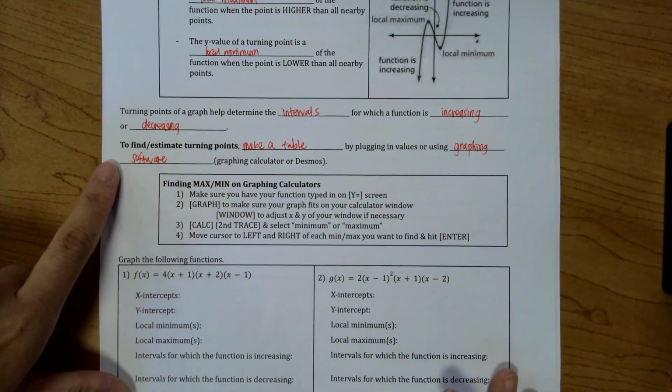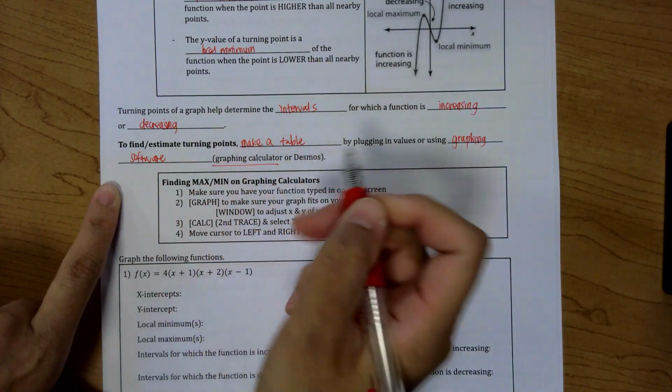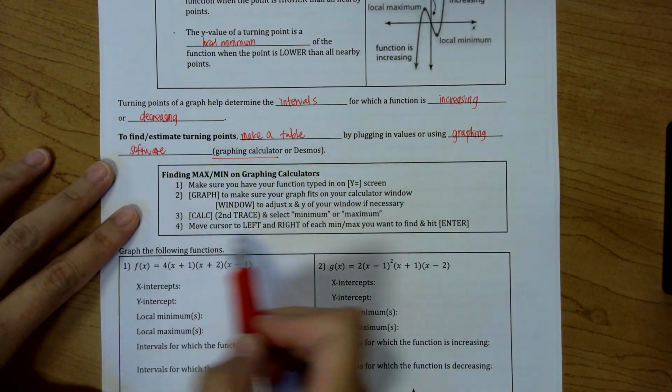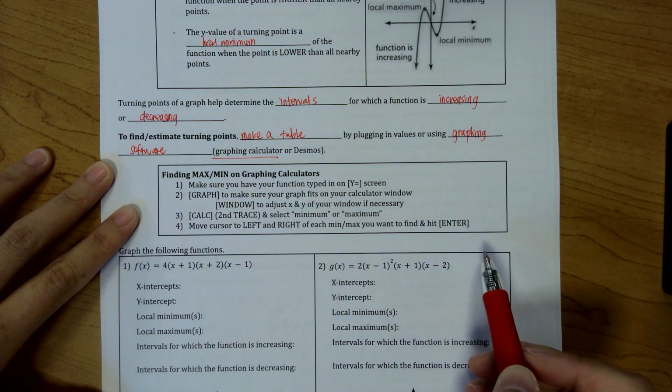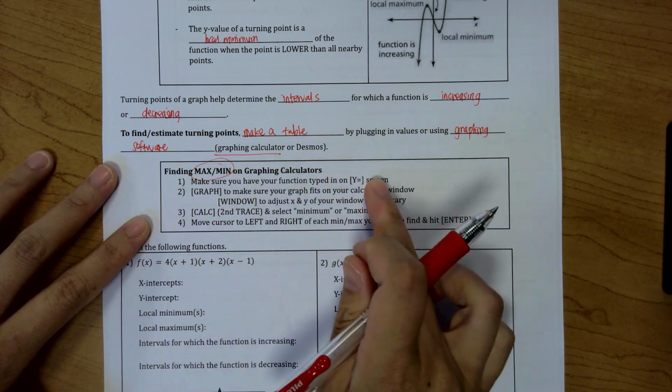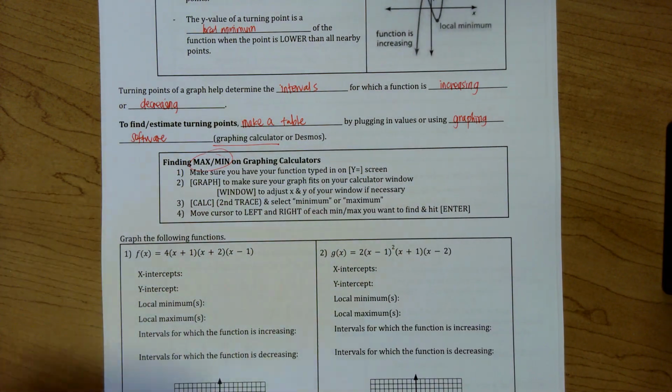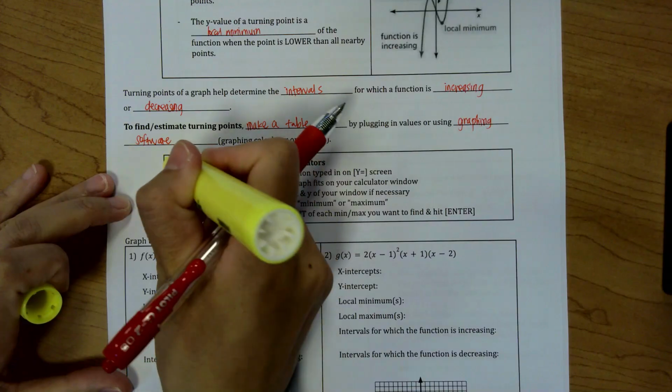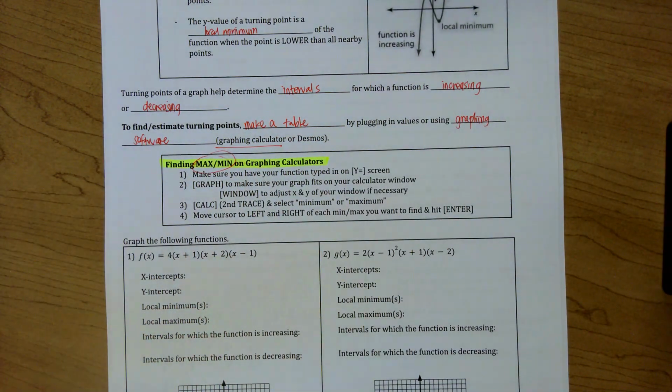Okay, so let's use our graphing calculator to do this. Now, here I've typed out the steps in case you struggle to remember how to find max and min. So I would highlight this box perhaps with a highlighter just so that you remember to look back here if you forget what the steps are.